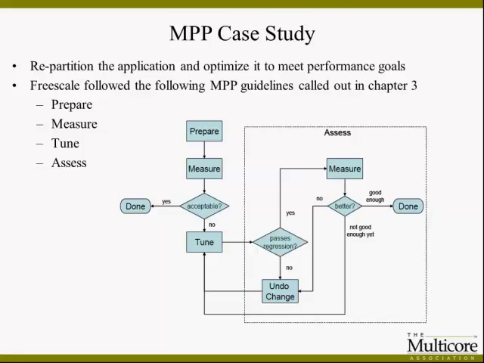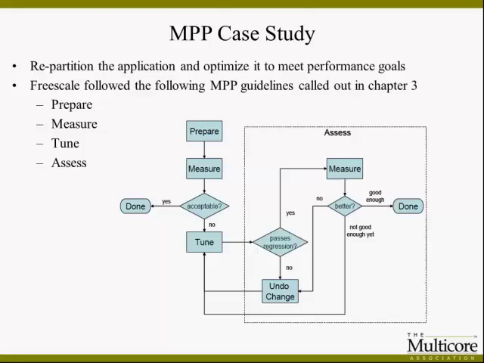The application ran on a single core processor. We had to repartition the application and optimize it to meet our performance goals. Performance was a very significant non-functional requirement. The team was asked to meet a high bar as far as performance on this multi-core part.